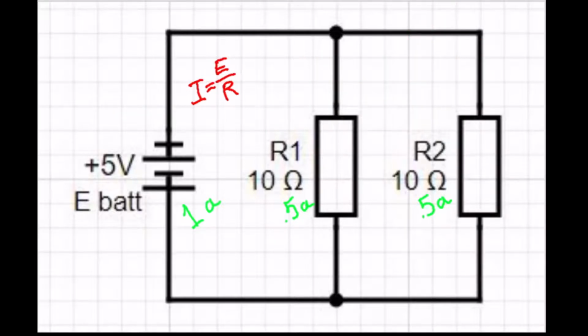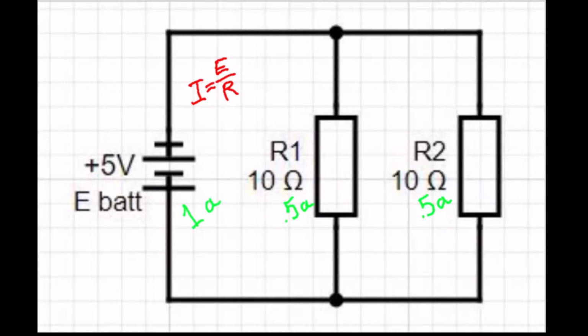Okay, now let's figure out what the equivalent resistance or the total resistance is for this circuit. You would think, by looking at this, that it would be 20 ohms. Well, it's not, and this is what makes resistance a little bit more difficult than either voltage or amperage.